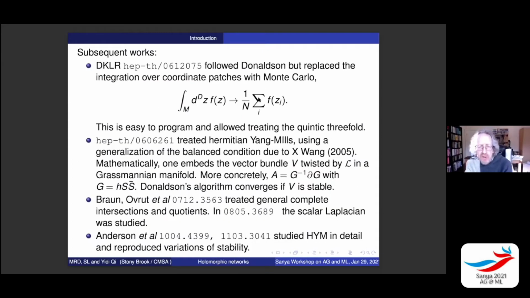And so a number of works went on to use this balanced metric for physical problems, to do it on Calabi-Yaus that were used in more realistic compactifications, to do it for the Hermitian-Yang-Mills equation, and all the way up to these problems of computing Yukawa couplings.